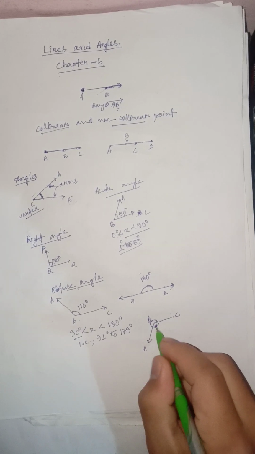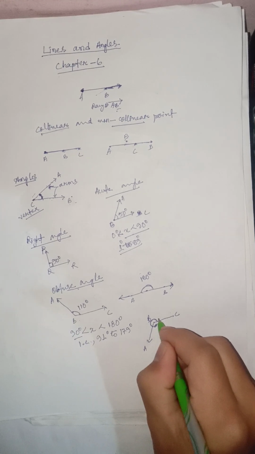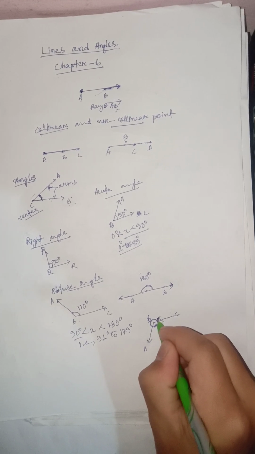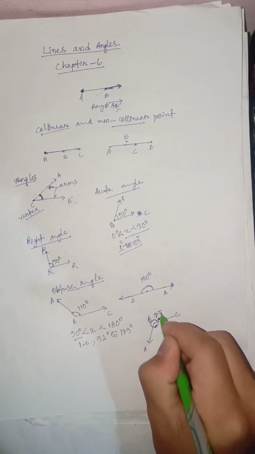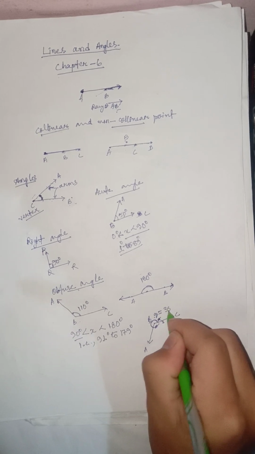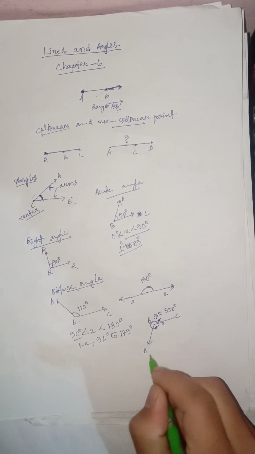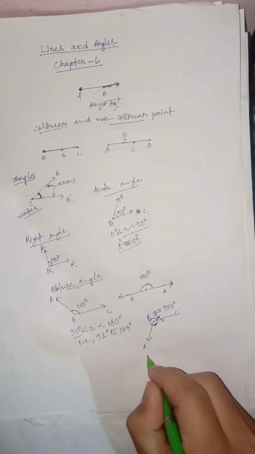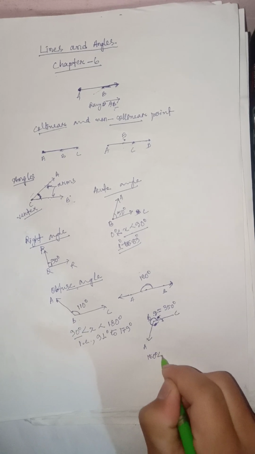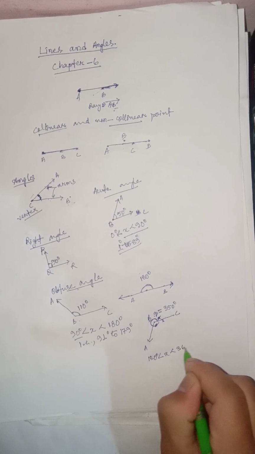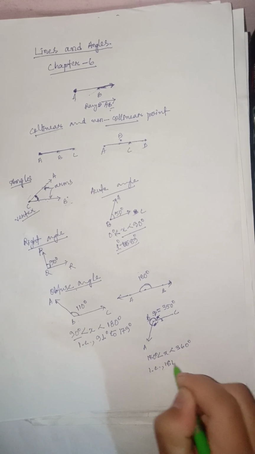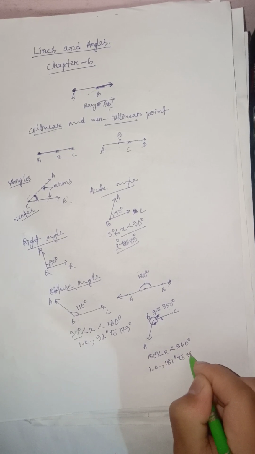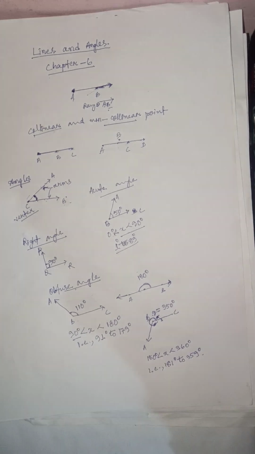Let me take the value of this angle Q as, suppose, 350 degrees. Actually, a reflex angle is greater than 180 degrees but less than 360 degrees, meaning 181 degrees to 359 degrees. All these angles are included in reflex angle.